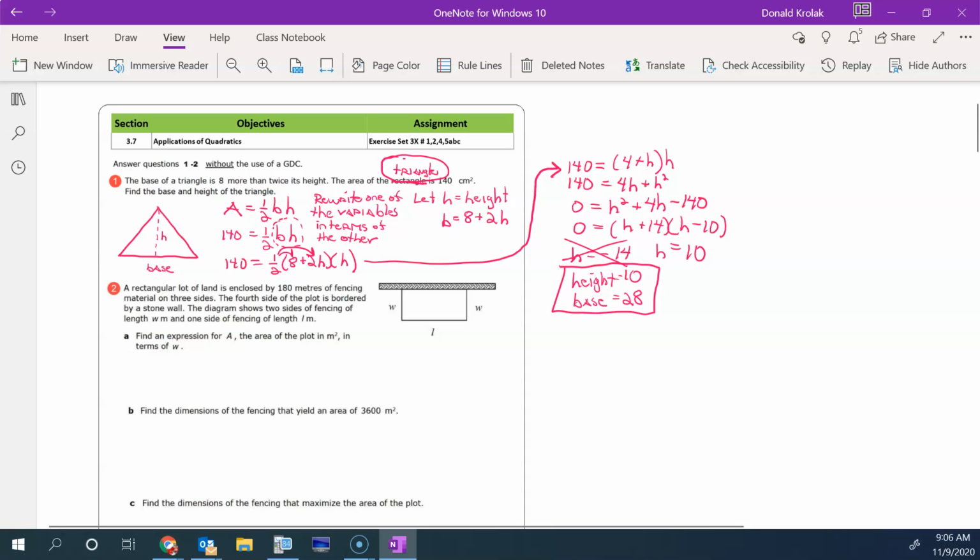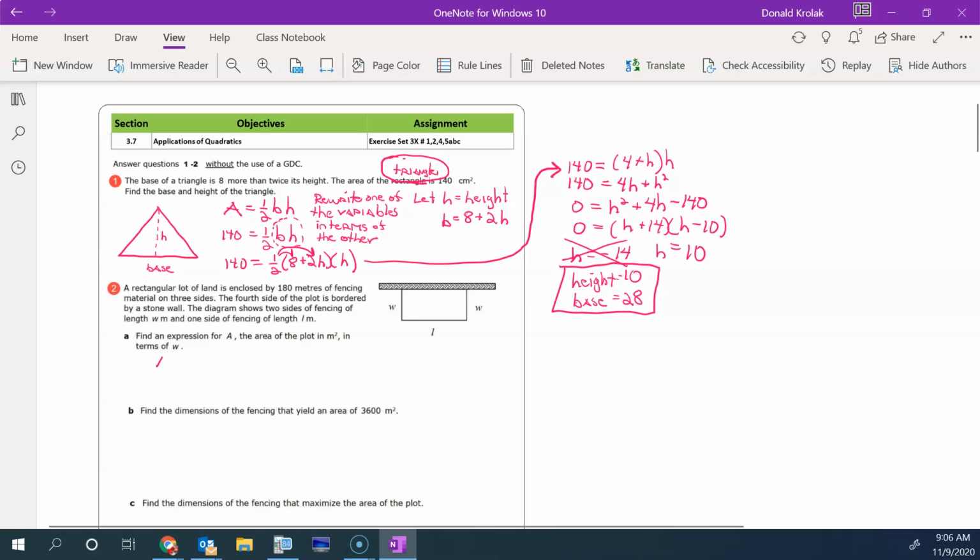All right, second one, you're given a rectangular plot. It's enclosed by 180 meters of fence material on 3 sides. The fourth side of the plot is bordered by a stone wall. Diagram shows 2 sides of fencing of length W and 1 side fencing of length L, and it's in meters. Write an expression for A, the area of the plot in square meters in terms of W. So what that means is we just have W's in the formula.